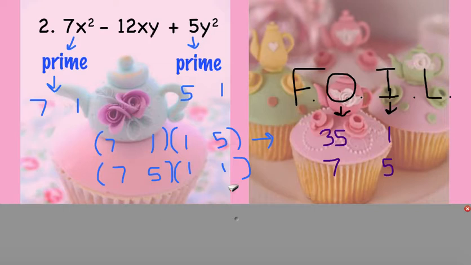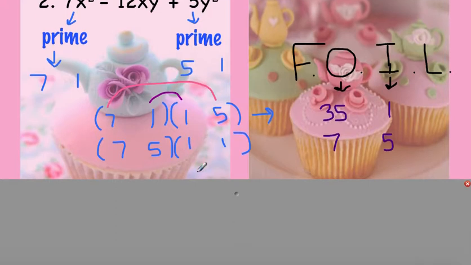So what happens is, right here where I have FOIL spelled out, this 35 is coming from our outer term. When we do our outer terms, it's 7 times 5, and that's where the 35 is coming from. And when we do our inner terms, 1 times 1 is going to give us 1.